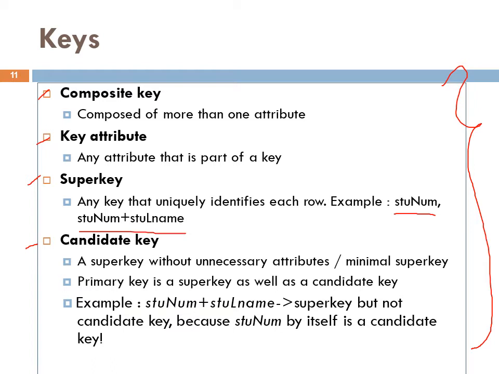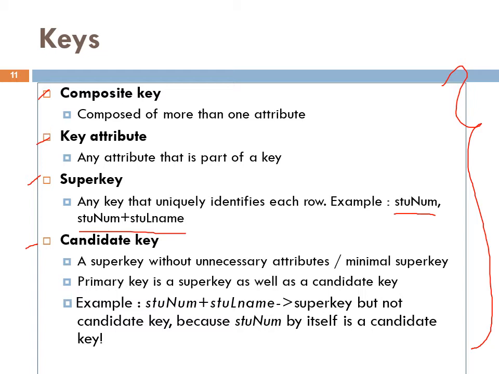All right, so next is the candidate key. A candidate key can be described as a super key without unnecessary attributes, or a minimal super key. A primary key is a super key as well as a candidate key. For example, here, student name and student last name is a super key, right?